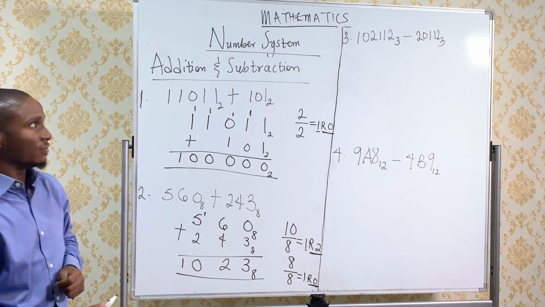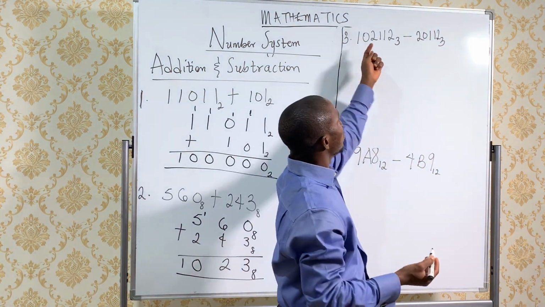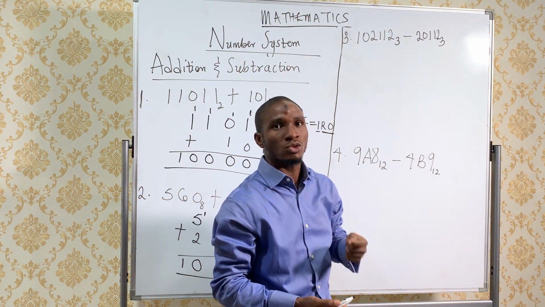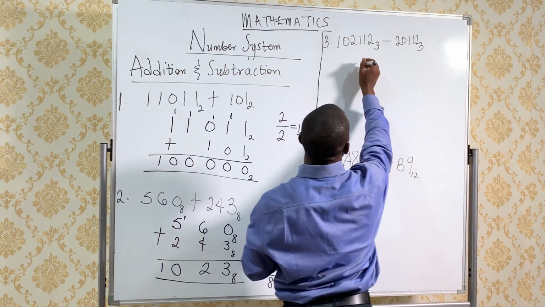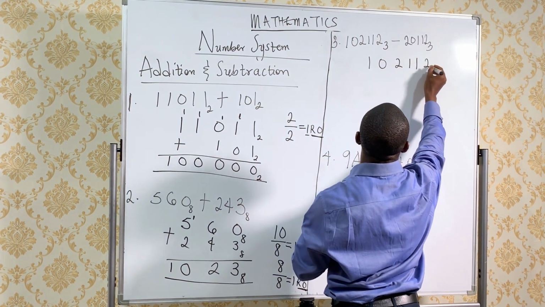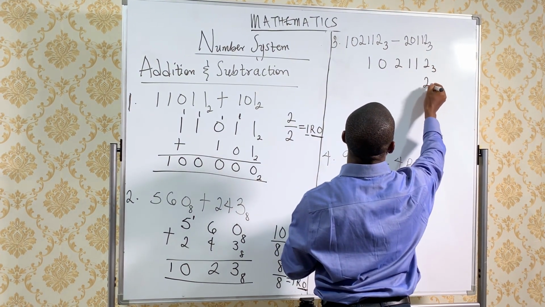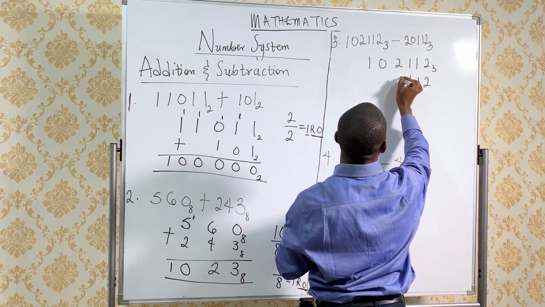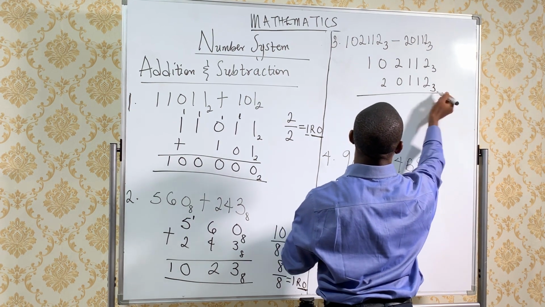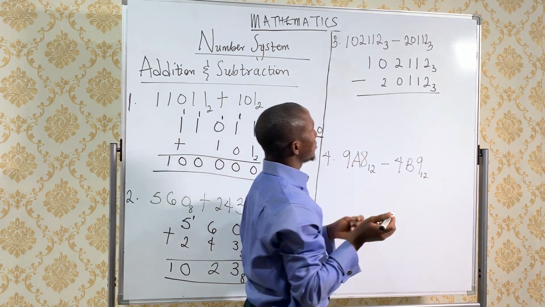Now let's look at subtraction. We are asked to subtract 102112 in base 3 minus 21102 in base 3. Now this is subtraction.